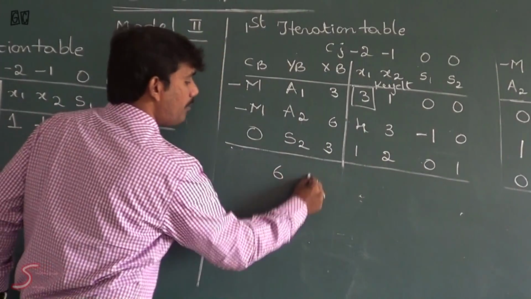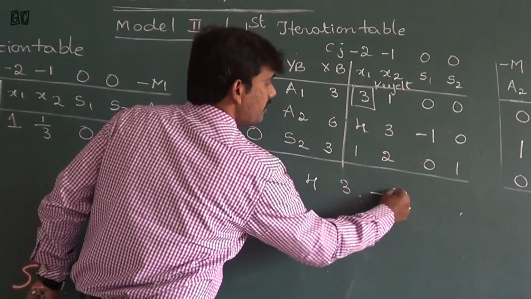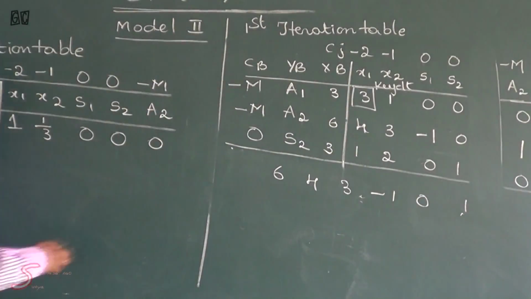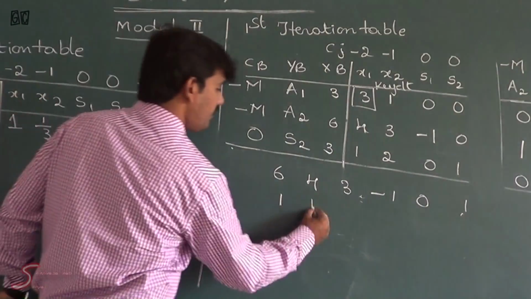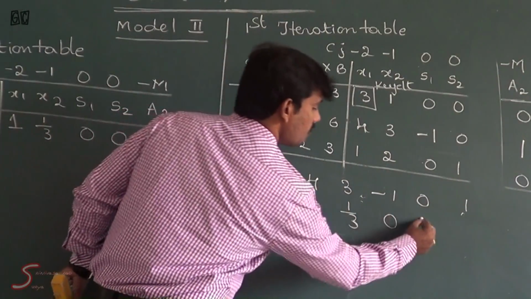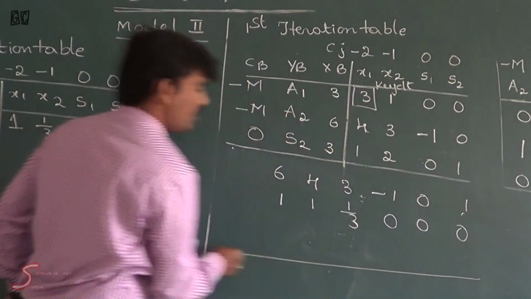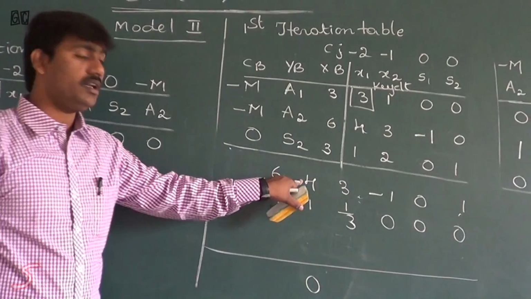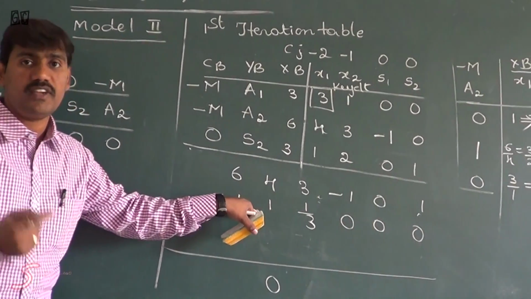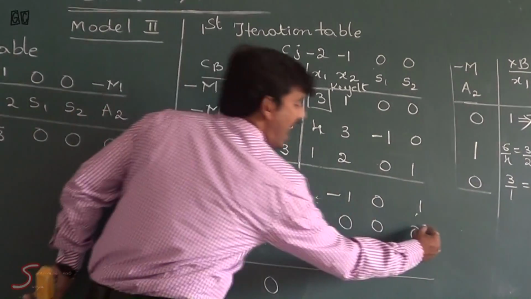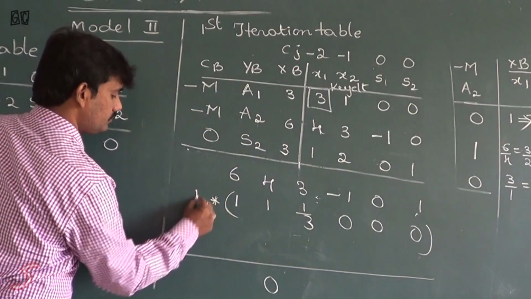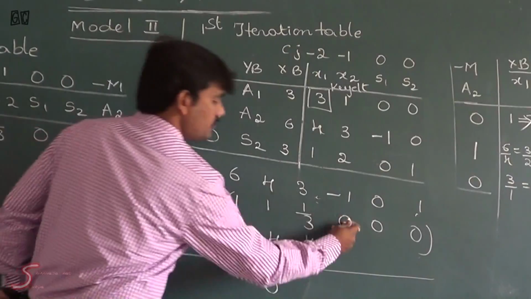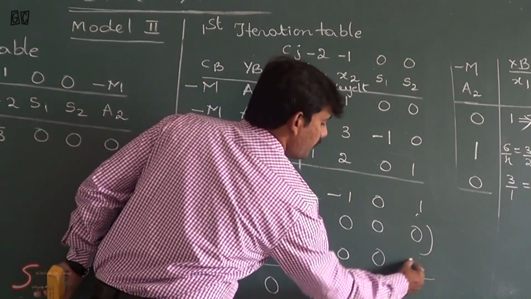That is, I am writing this 6, 4, 3, -1, 0, 1, with the help of the key row, that is 1, again 1, 1 by 3, 0, 0, 0. We have to get 0 here. So here we have 4. If we get 4 here, obviously we can settle. So without loss of generality, I am multiplying by 4 here. 4 ones are 4, again 4 ones are 4, again 4 by 3, 4 into 0 is 0, again 4 into 0 is 0, again 4 into 0 is 0.